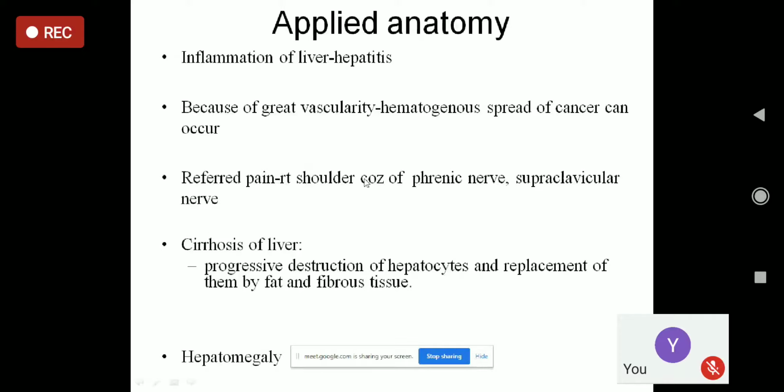Because of the same nerve supply, referred pain can occur in the shoulder. And what is cirrhosis of the liver? Progressive destruction of the hepatocytes, replaced by fibrous tissue, or fibrosis of the liver, occurs because of excessive intake of alcohol. This causes cirrhosis of the liver, and this is hepatomegaly.